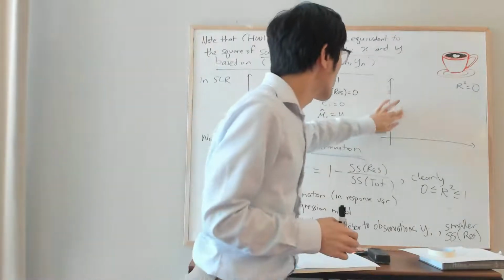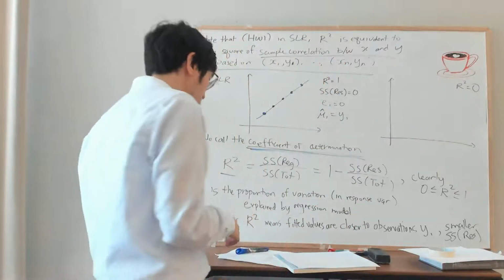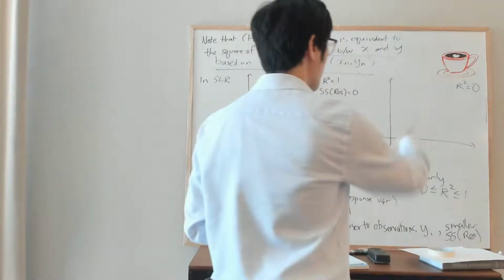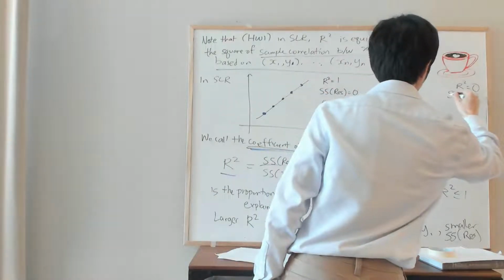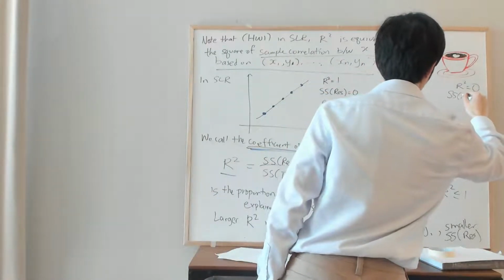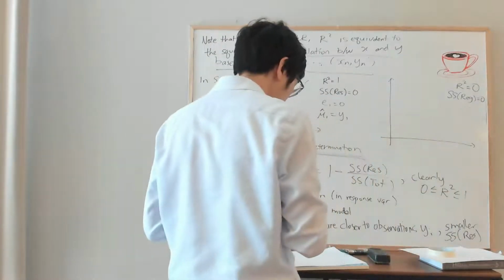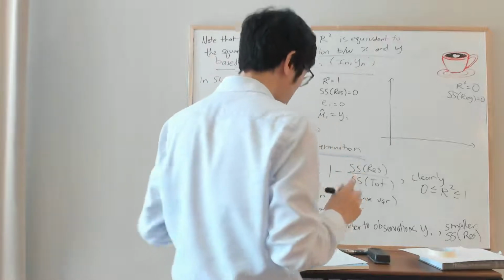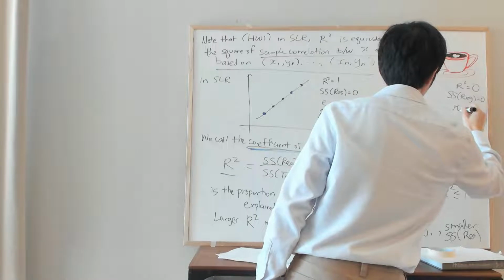On the other hand, what does it look like if r squared was 0? Let's also consider this case together. If r squared is 0, that means the sum of squares regression is 0. So what is the fitted value?